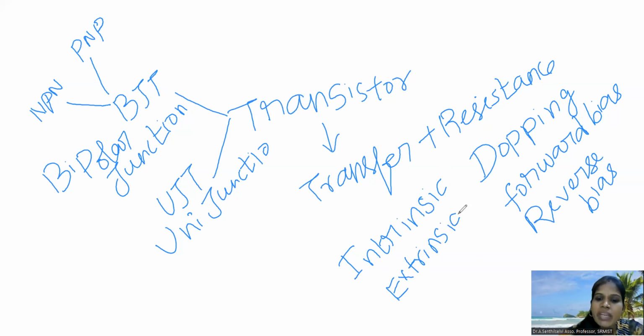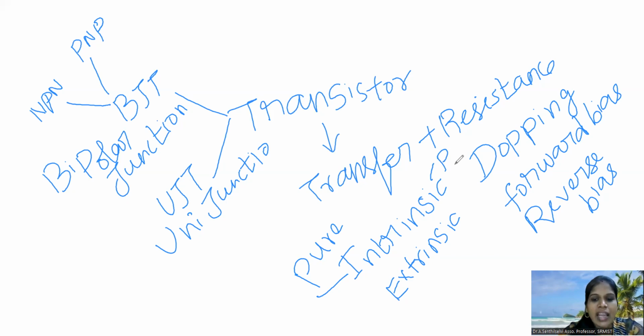What is an intrinsic semiconductor? A pure semiconductor is called an intrinsic semiconductor. To make it conduct, we should add some impurities to the intrinsic semiconductor. If you add P-type impurities, it becomes a P-type semiconductor.